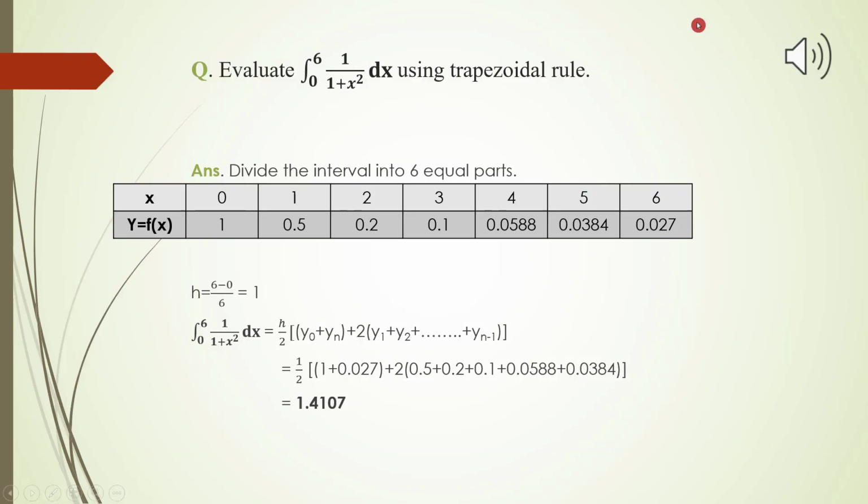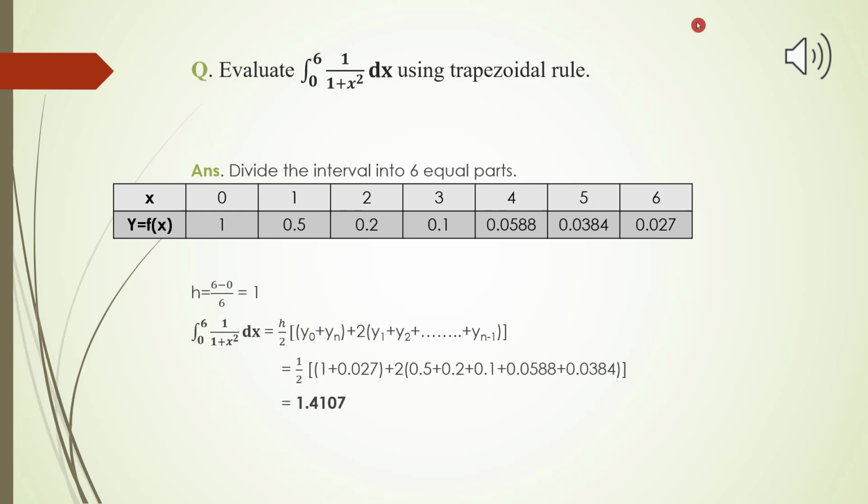Here we discuss a numerical integration problem solved using the trapezoidal rule numerically. The question is: evaluate the integral from 0 to 6 of 1 by 1 plus x square dx using the trapezoidal rule. Here y is a function of x, y equal to 1 by 1 plus x square.